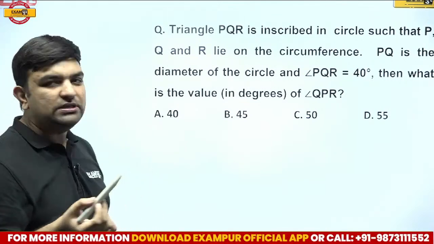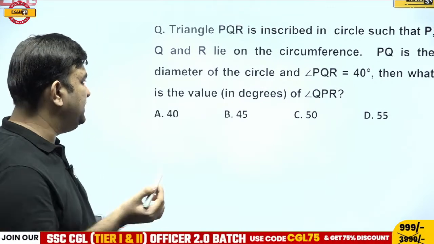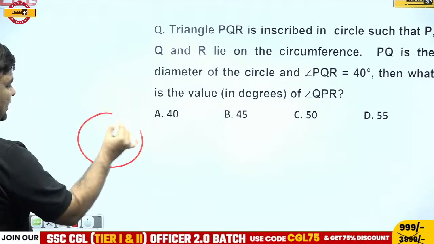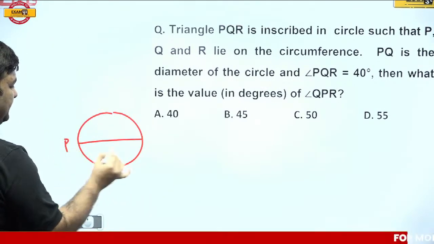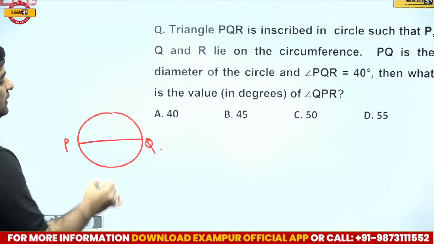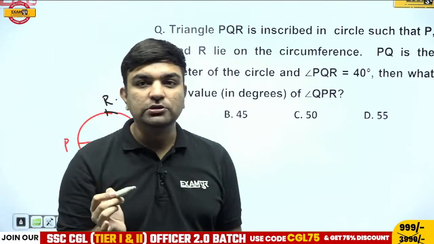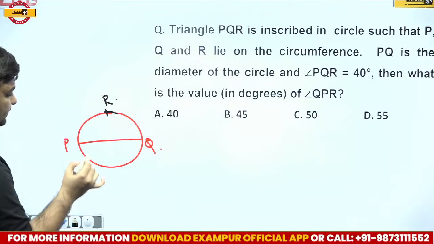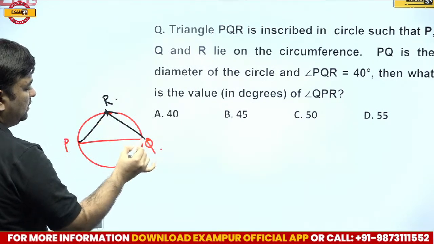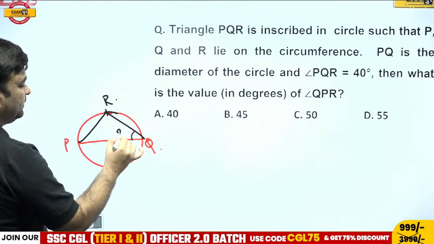Triangle PQR lies on the circumference. PQ is the diameter. Start the question by making PQ the diameter, and R is also a point on the circumference. Angle PQR is 40.